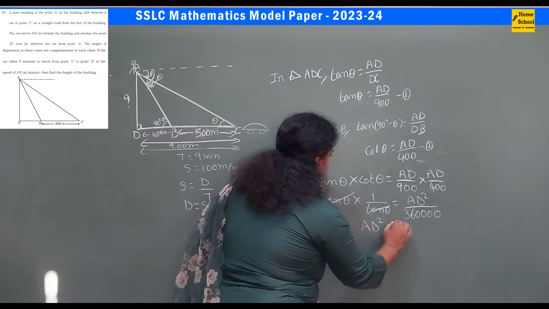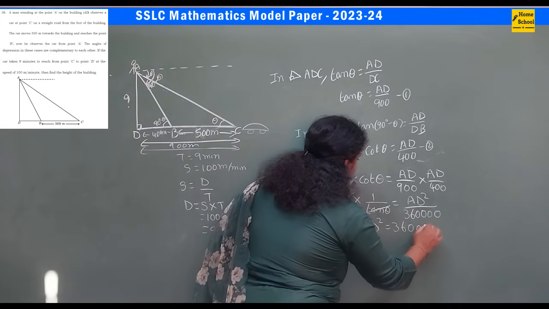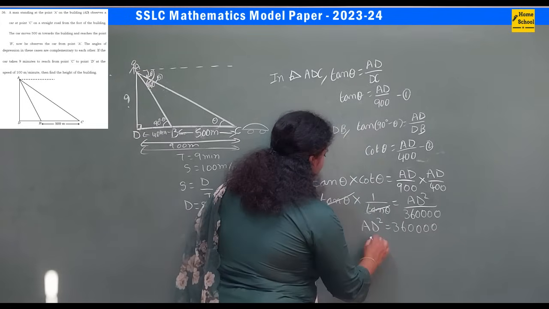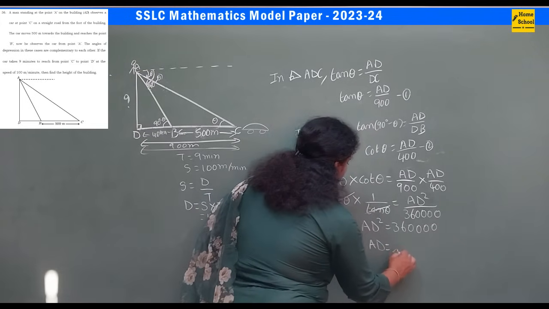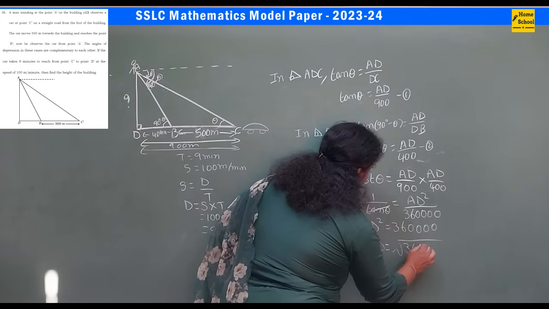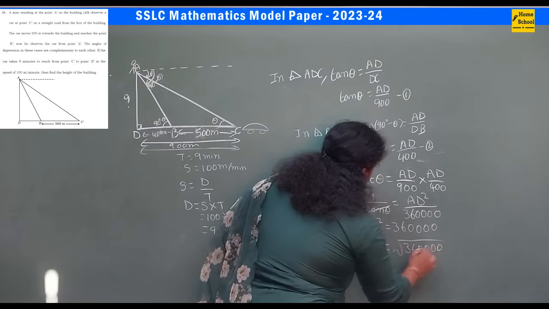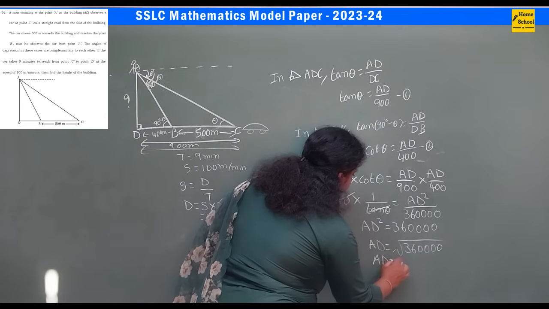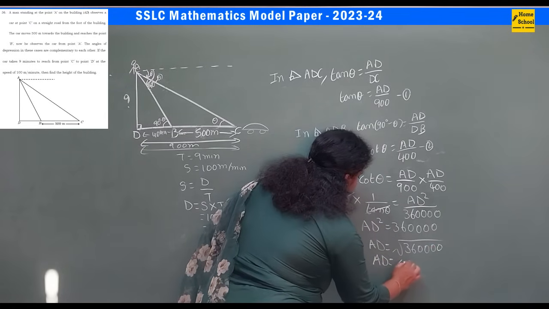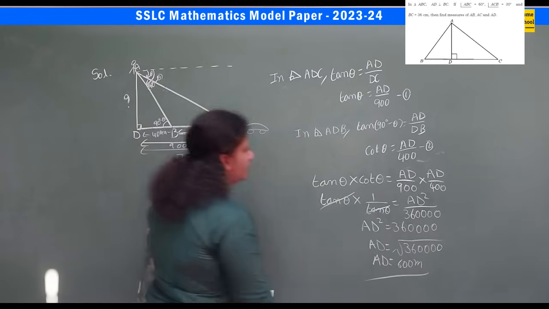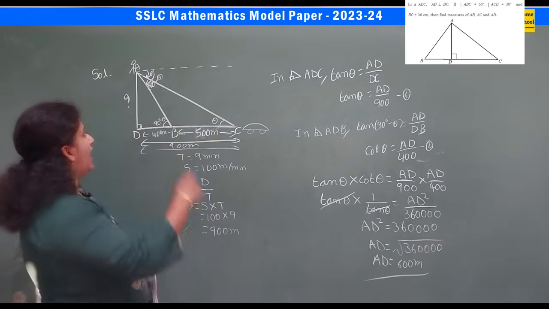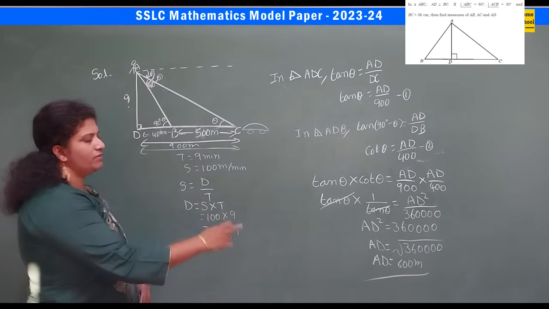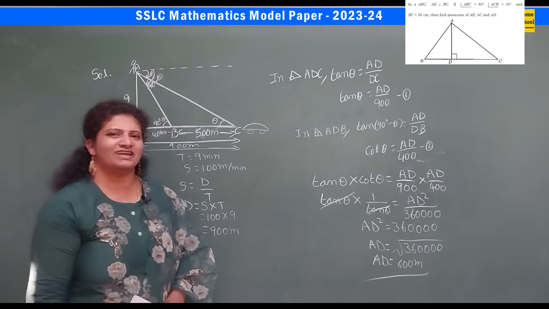AD square is equal to 360000. AD is equal to square root of this. That is AD is equal to 600 meters. Therefore, finally, what is the height of the building? Height of the building AD is equal to 600 meters.